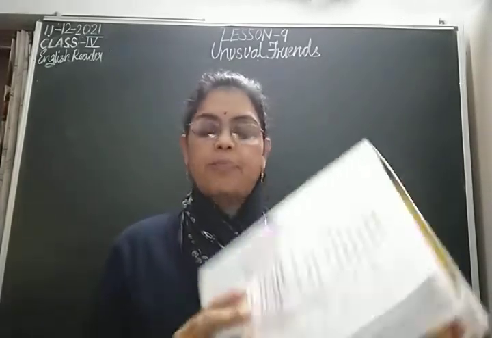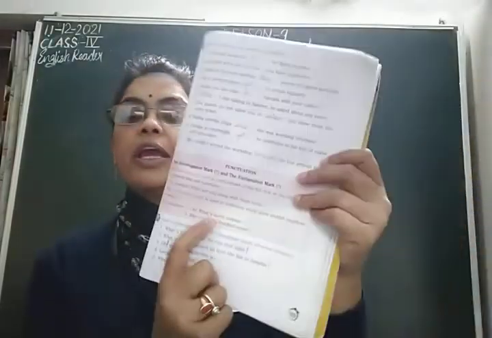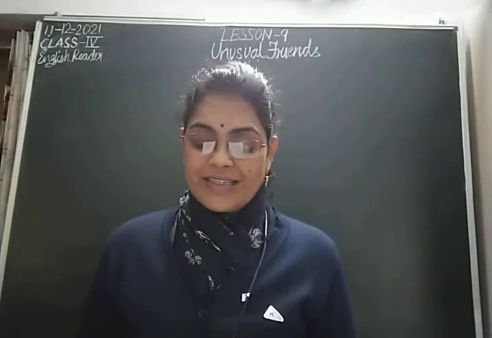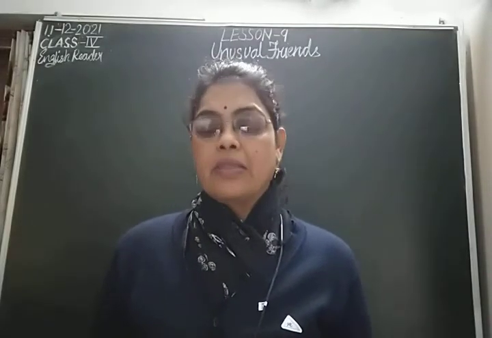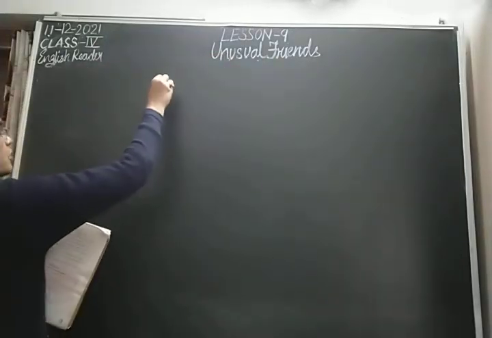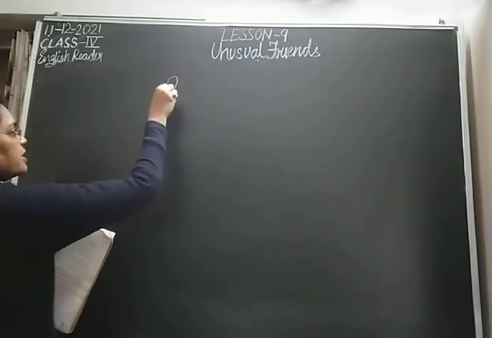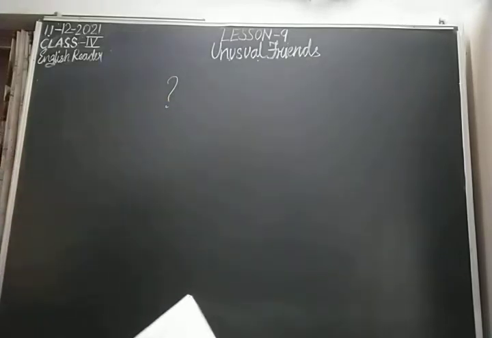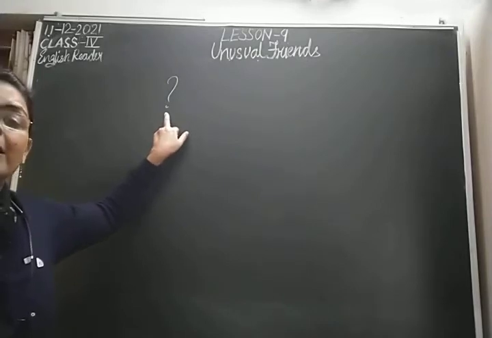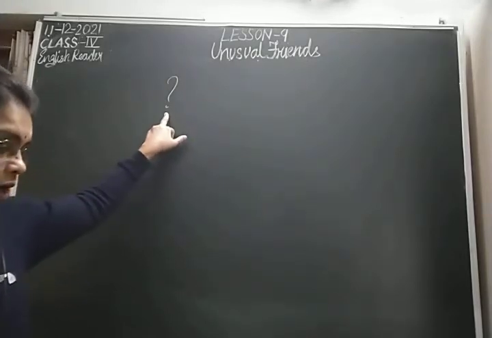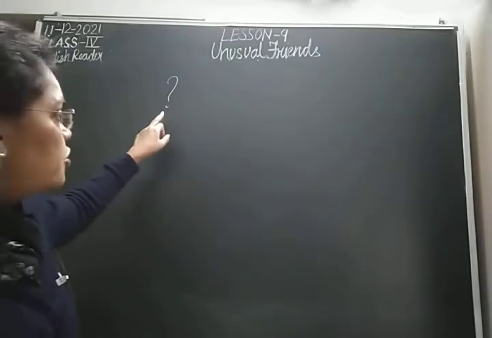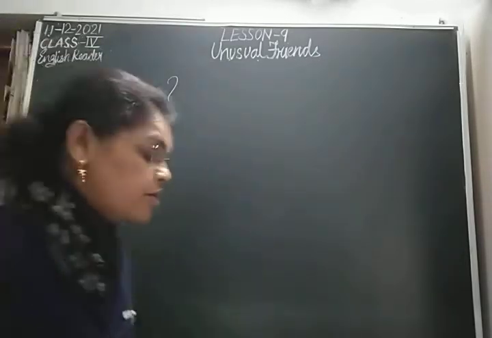And if you can look at the pink box given on page 83, today, what we are going to learn is about the interrogation mark and the exclamation mark. Now, we all know that a question ends with an interrogation mark. So, the question mark is also known as the interrogation mark. Interrogative sentences means the questions, and interrogative marks mean the question mark.